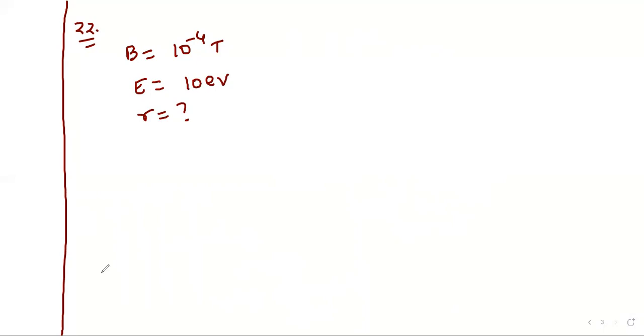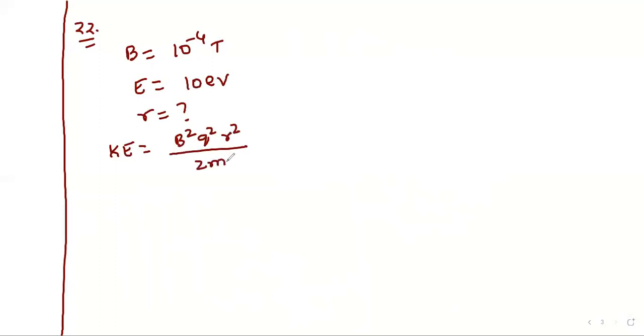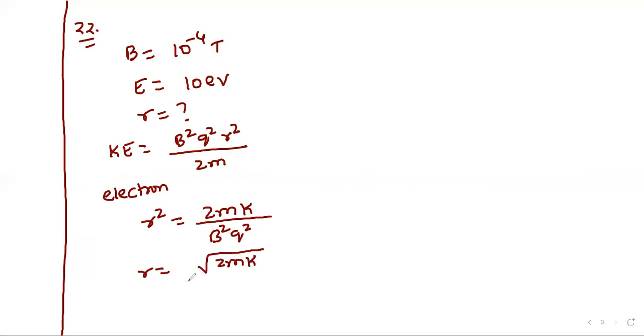We know that kinetic energy equal to B square Q square R square by 2m, and they gave that the particle is an electron. So R square equal to kinetic energy, I'll write as K, so R equal to under root 2mK by BQ.